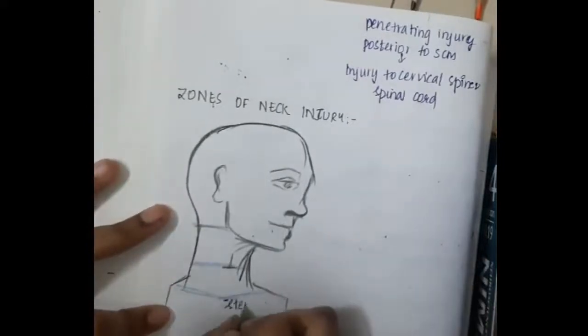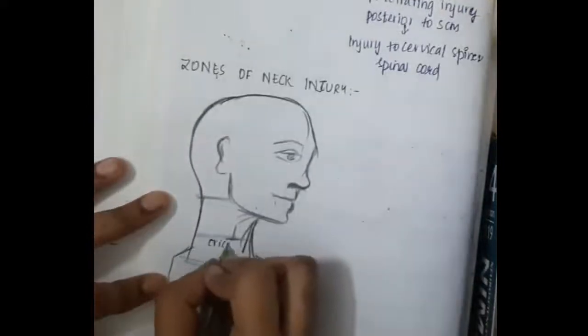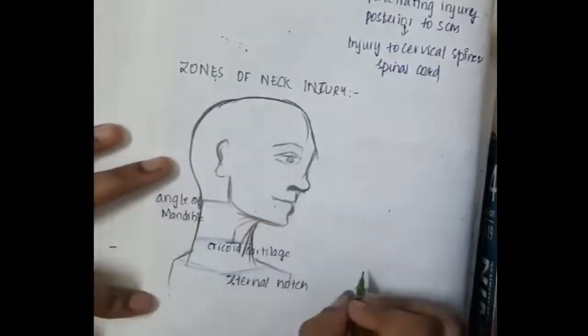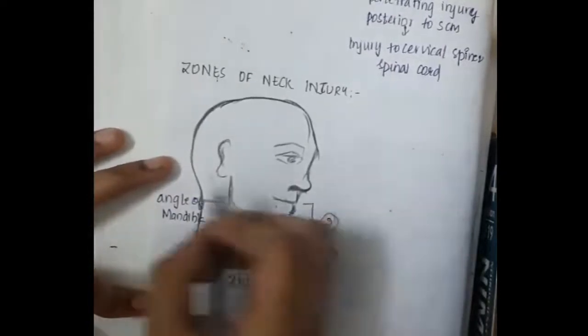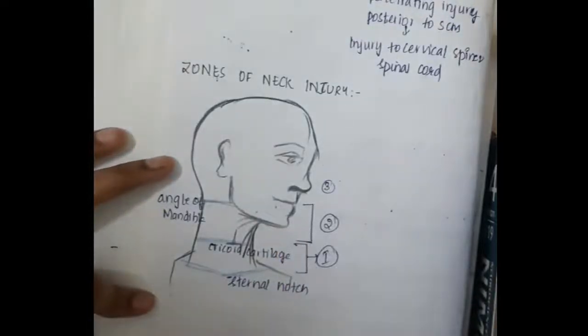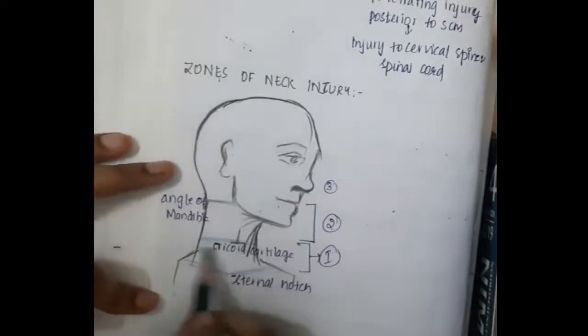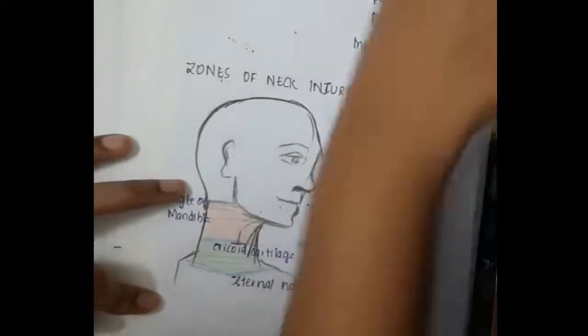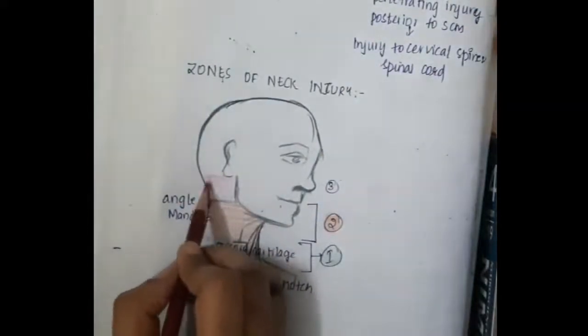The first is the sternal notch, then the cricoid cartilage, and the third is the angle of mandible. The area between the sternal notch and cricoid cartilage is zone 1. The area between the cricoid cartilage and the angle of mandible is zone 2, and above the angle of mandible is zone 3.